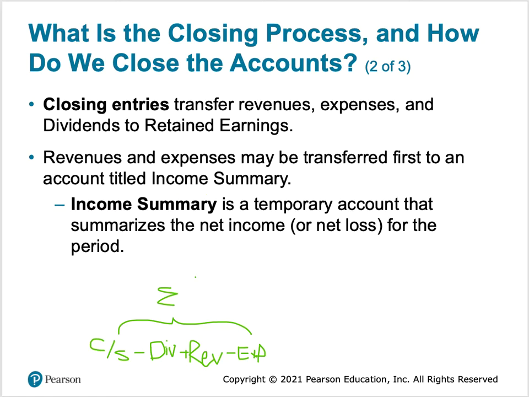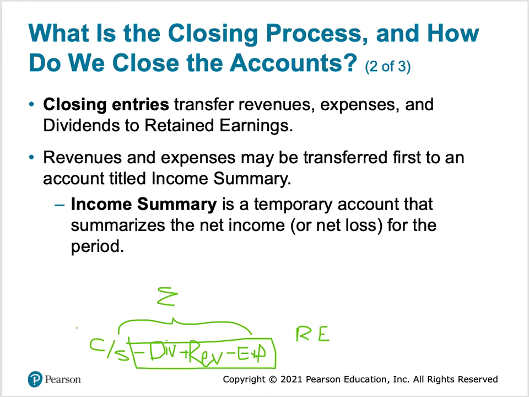And so we are transferring revenues, expenses, and dividends to the retained earnings account. And we had said that this chunk of the accounting equation is retained earnings. So it makes sense in that way that when we close these out, we're going to close them to retained earnings. If we have an income, that increases retained earnings. If we have a loss, that decreases retained earnings. And dividends always decrease retained earnings because that is a payment out of retained earnings to the stockholders.